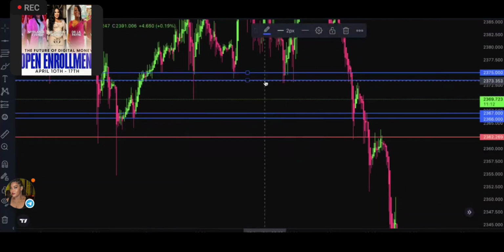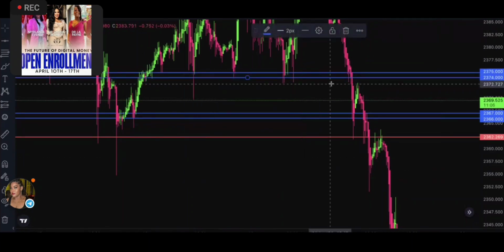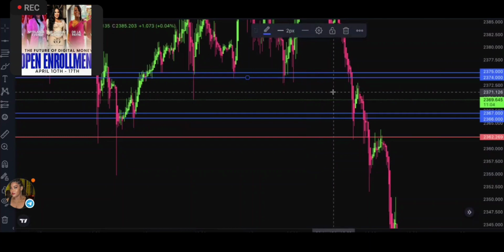All right, let's try 74 to 75. That looks like a good zone. And then we're just going to look on Wolf at the areas of resistance. 2374 to 2375.